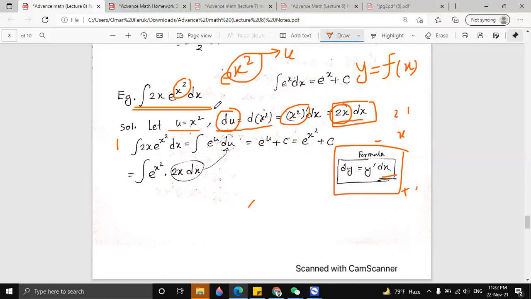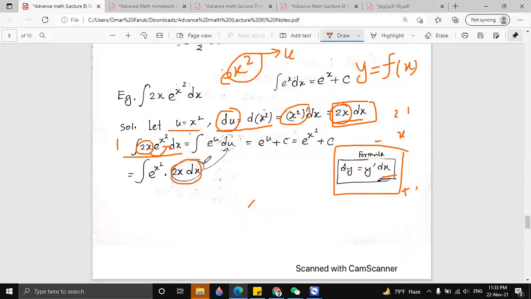Now let's go back to our main function, our question. So this is our question, and we just take this 2x closer to dx. Then we get integration of e to the power x square into 2x dx, right?